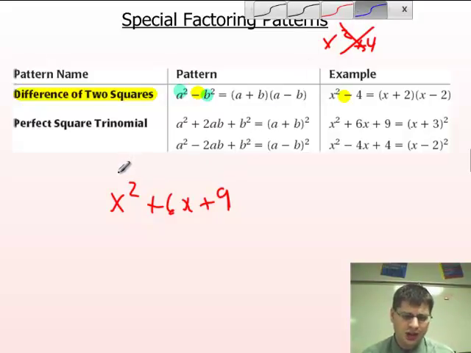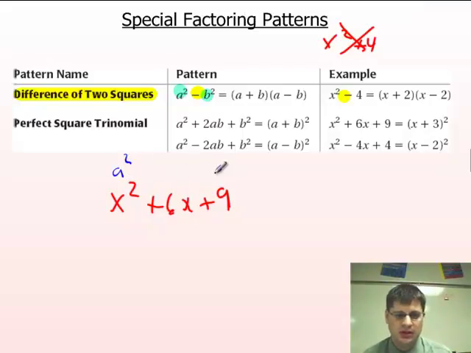So when I look at this, I notice that this is a perfect square. x squared is a perfect square, that's x times x. And the last term's a perfect square, that's my b squared term, 3 times 3. Well, remember, this middle term is 2 times a times b.